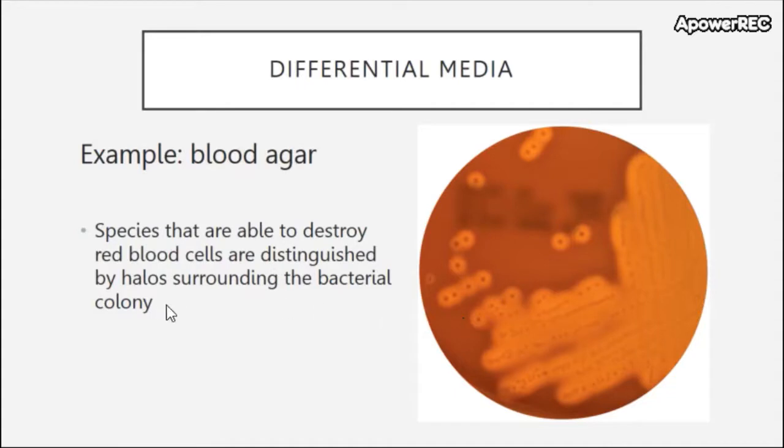The color goes from this rich red color to a clear halo, a light yellowish orange color. So an organism that's not able to do this process would be identified as not being able to do hemolysis, or the degradation of red blood cells. And so that's an example of a differential media.